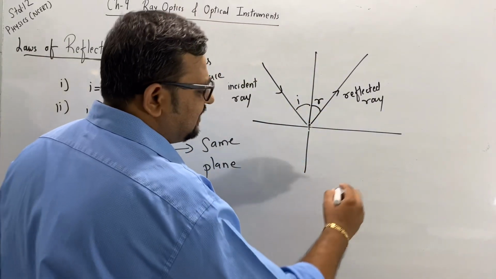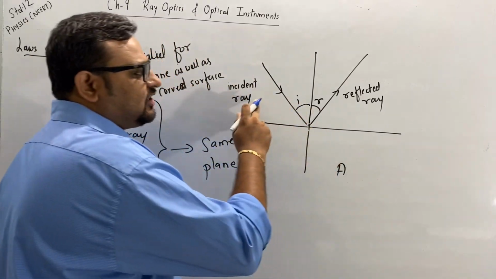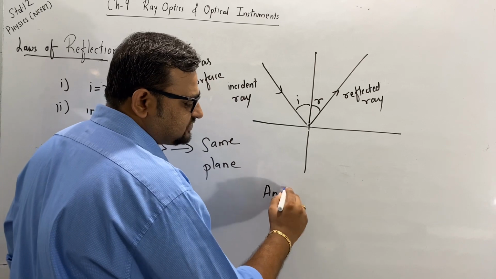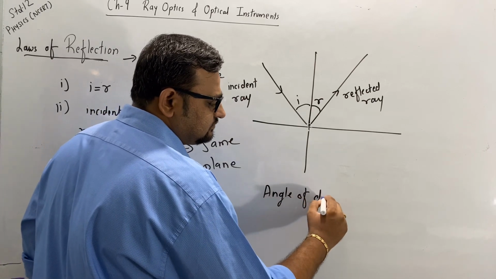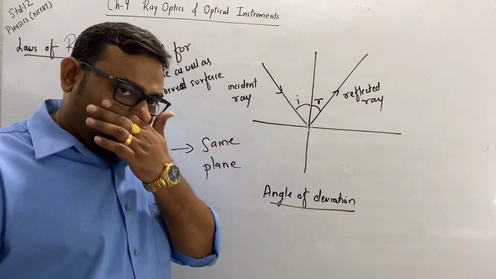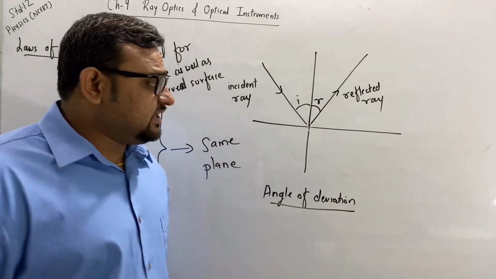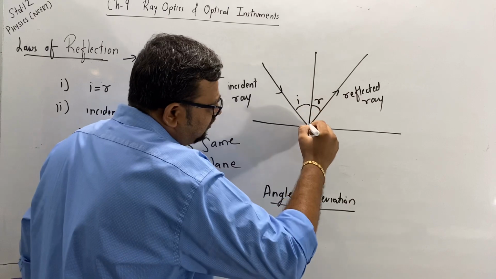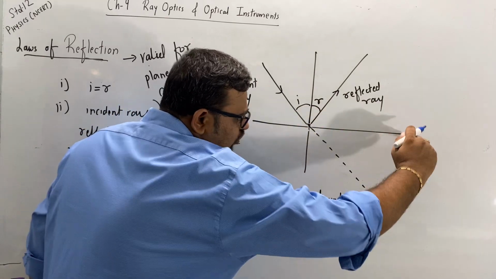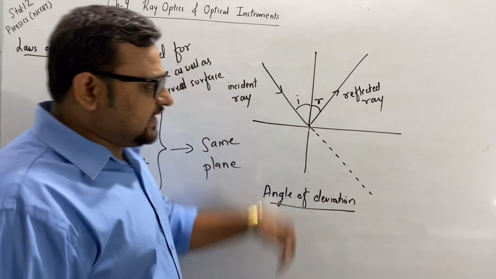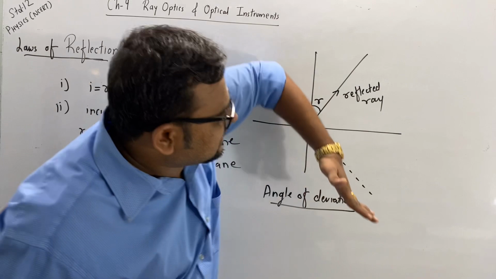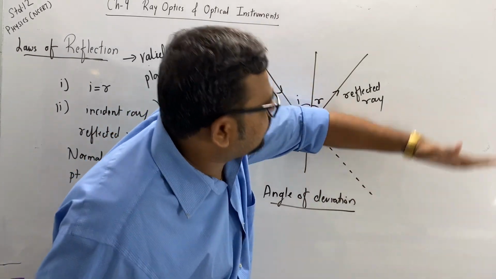One more point I would like to add: we have studied angle of incidence and angle of reflection, and I would like to add the angle of deviation. What is the angle of deviation? The incident ray was going in this way. If there was no reflecting surface, it would pass in a straight line, right? But it has deviated from here to here.